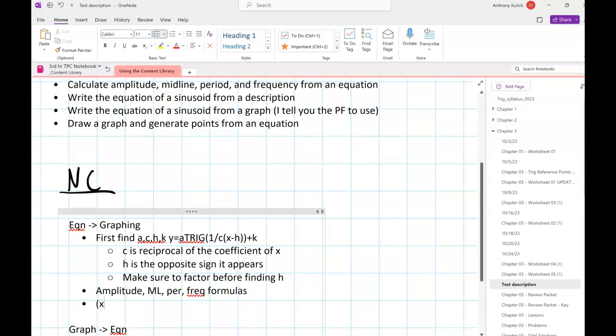And then we plug the A, C, H, and K into that, right? So I'd want to make sure I know where the A, C, H, and K go. Everybody feel good on that? Is there anything else that I'm forgetting?